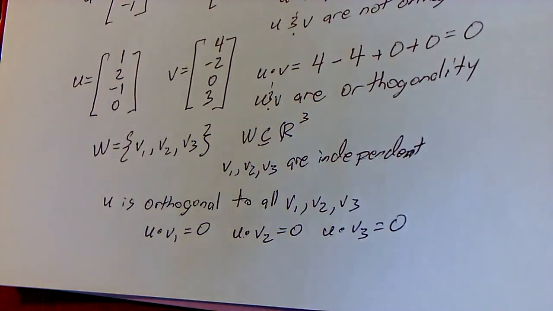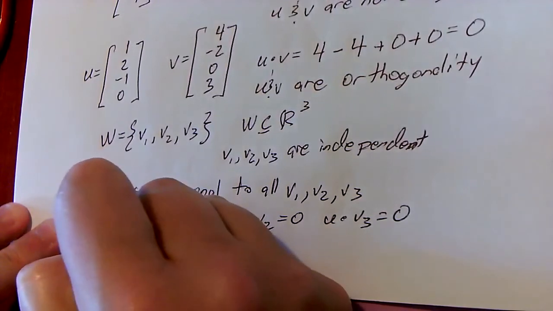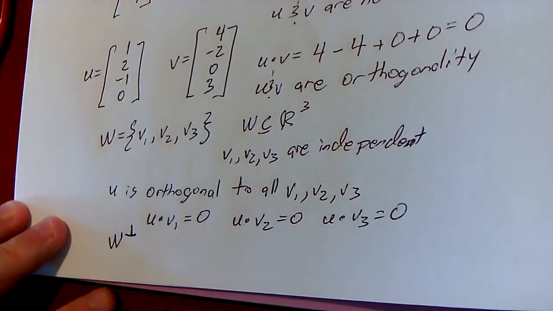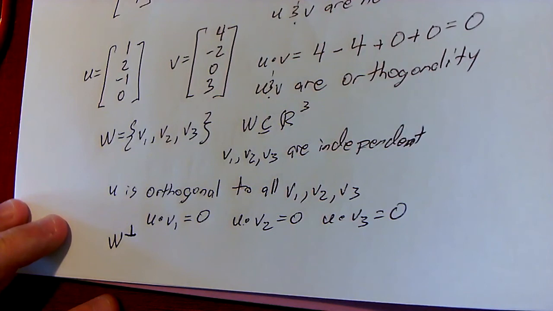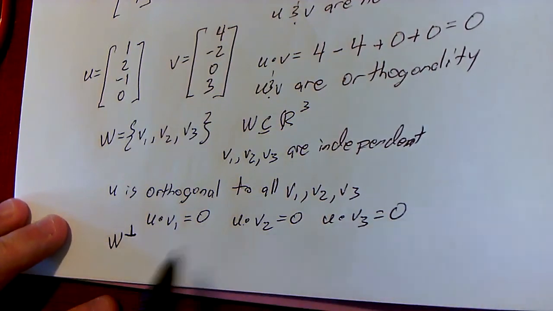Okay, so we say that vector u would be in the orthogonal complement. It's all the vectors that meet this, called W, with this upside down T for perpendicular, which we also abbreviate to just W perp, because perp is easier to say. So if you're in W perp, that means you meet all these criteria.